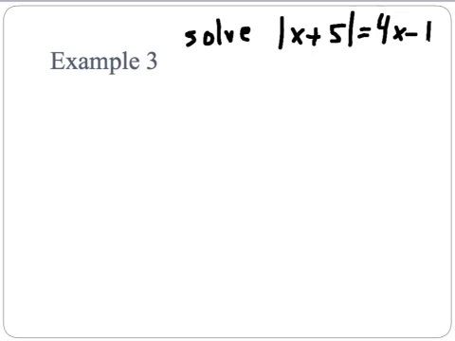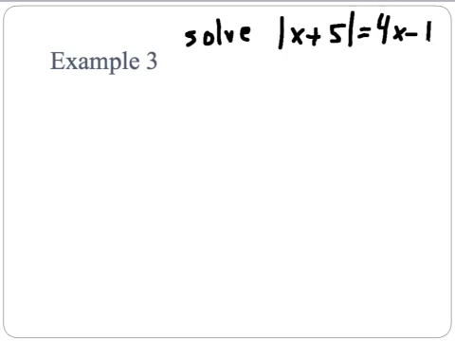Okay, so we really have to solve twice. The next part to it, the part we didn't look at in the first two examples, because I just wanted to make sure that we got the basis down in the first two, is the answers that we're getting, are they actual answers? Will they work in the domain of the function? Okay, and we'll see why as we go through this example.